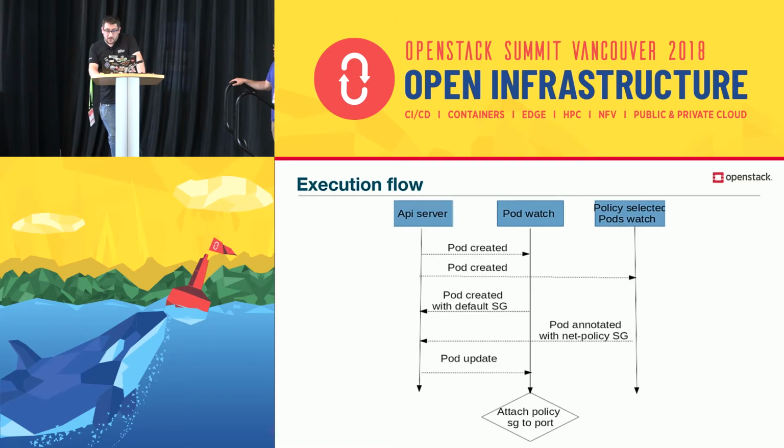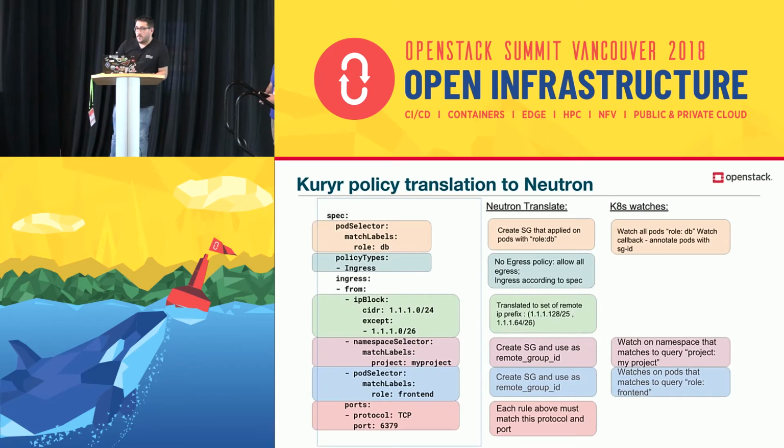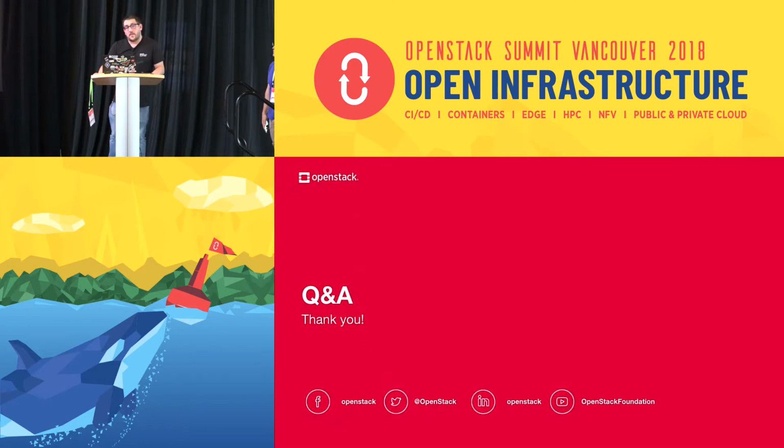Overall, this is how the workflow is going to be. If we go here, you can see, as Pino was explaining, that basically we needed to map all the Kubernetes network policies to Neutron security groups, as we felt that it was the closest. And that's it in terms of this lightning session.